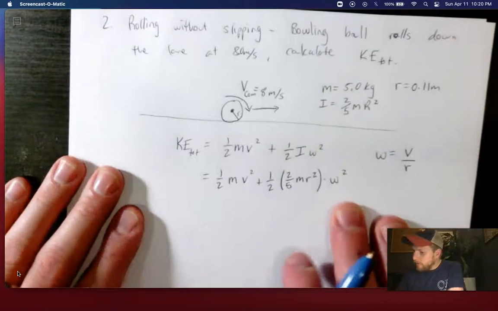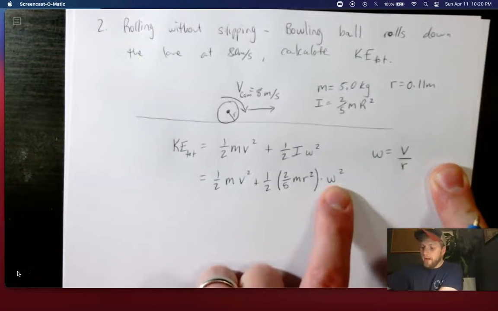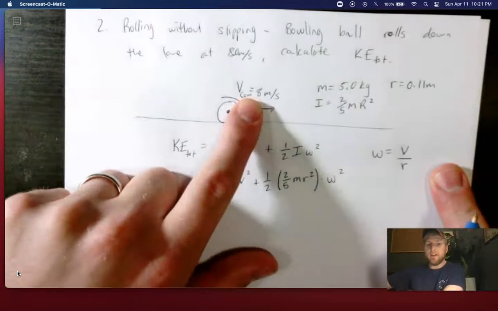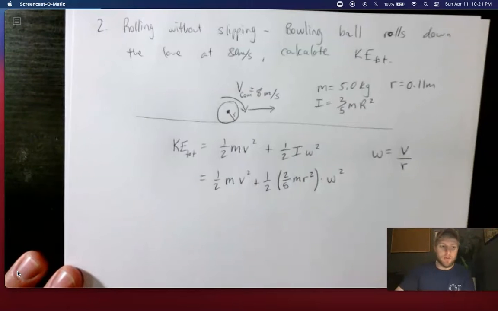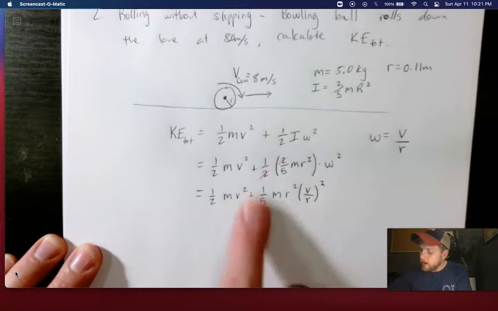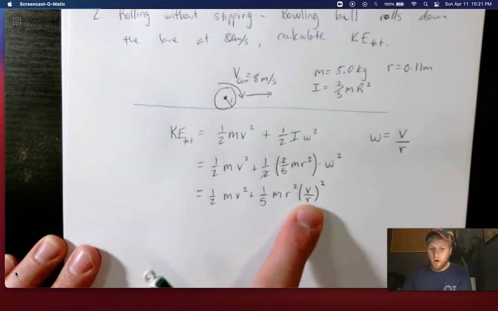Let's rewrite all of this, but now we're going to plug in v over r for omega. The reason we want to do that is because we don't have a number for omega, but we do have that the linear speed is 8 meters per second. So I canceled the 2's, I rewrote everything, and now I have 1/5 mr squared v squared over r squared.